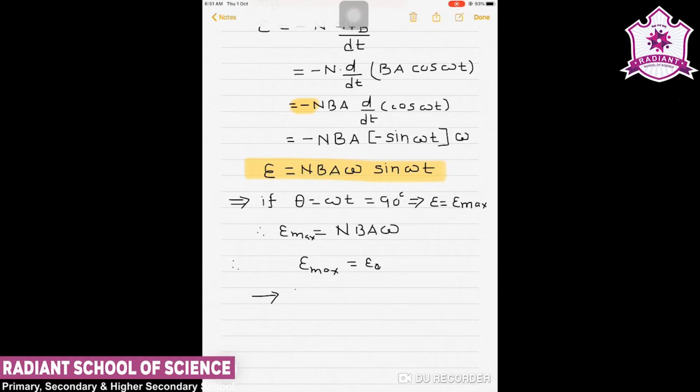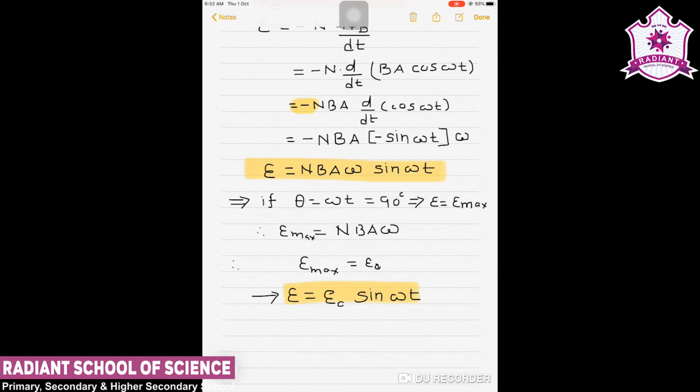So we can replace it and say that E is equal to E0 sin omega t. So this is the equation of induced EMF through the generator. Now the value of the function varies between plus and minus 1. The sign or the polarity of the EMF changes with time.